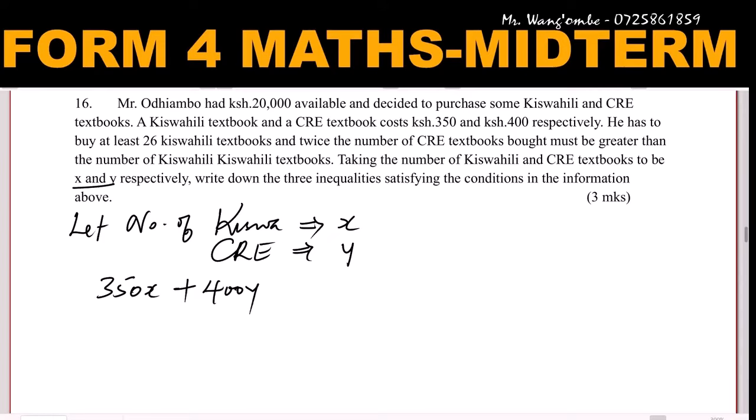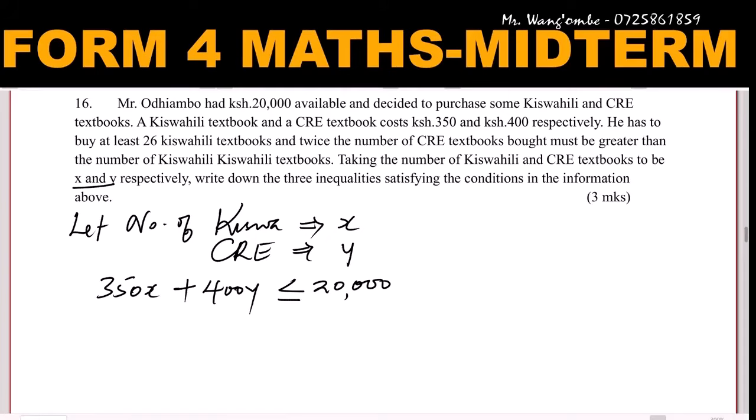So now that represents the amount of money required for X number of Kiswahili books and Y number of CRE books. And that amount, because you're given that Odhiambo has 20,000 shillings available, should be less than or equal to 20,000, because that is the amount available to purchase X Kiswahili books and Y CRE books.